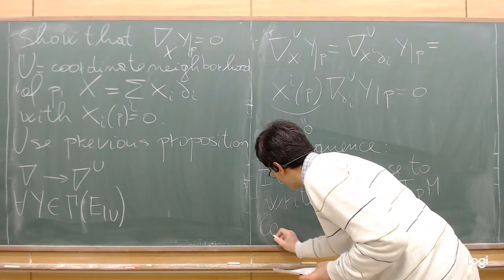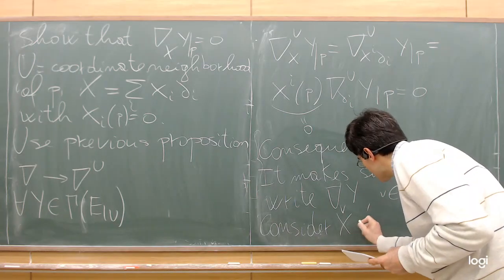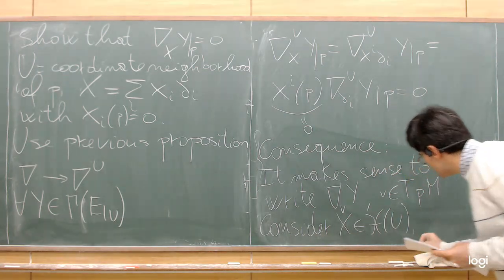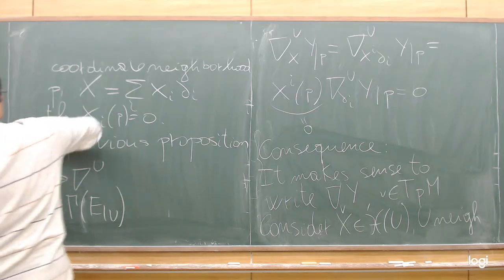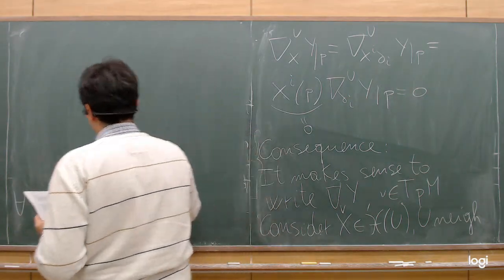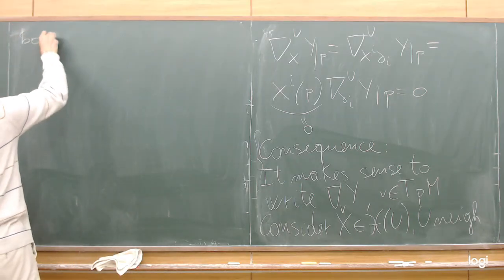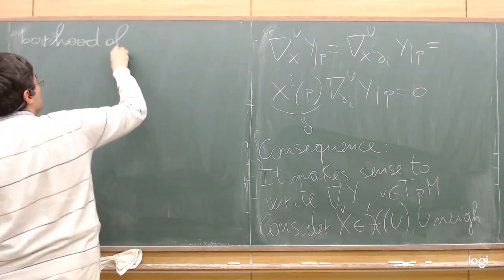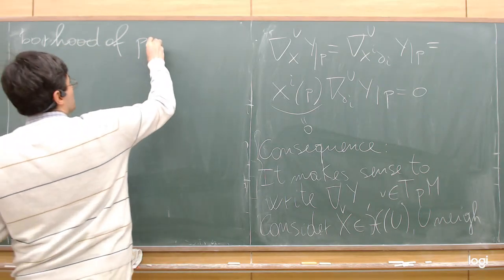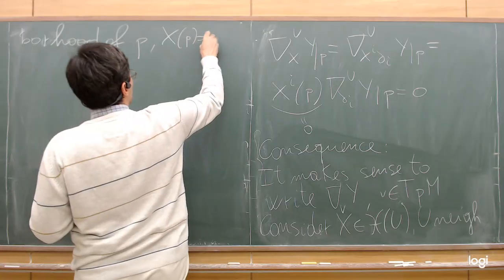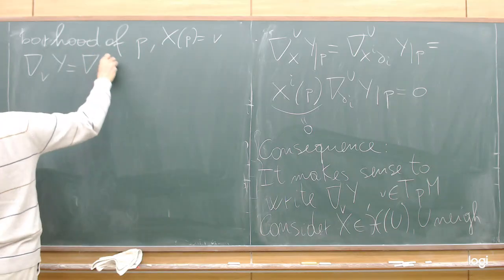Consider x in K of U, where U is a neighborhood of P, such that x at P is V. Then nabla y V is just nabla y x at P.